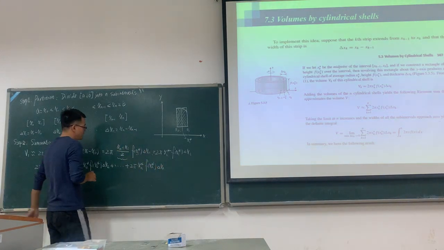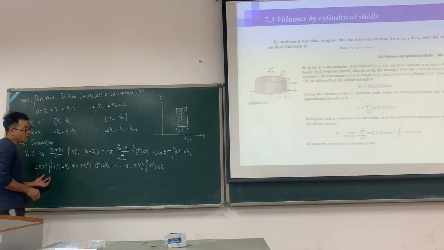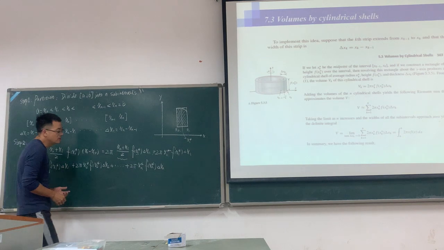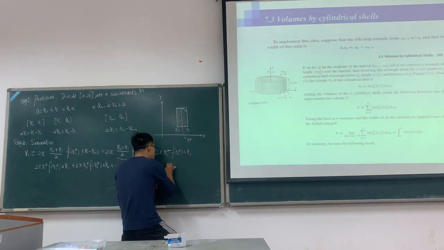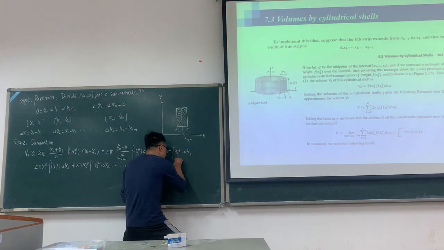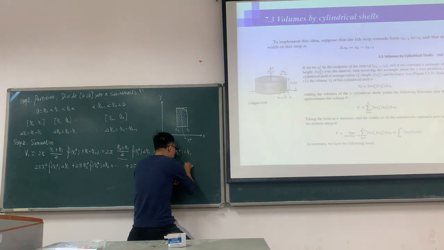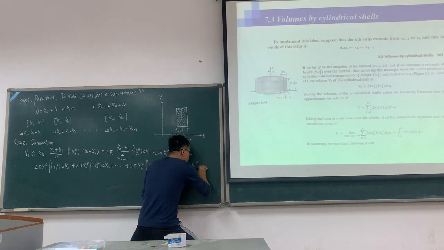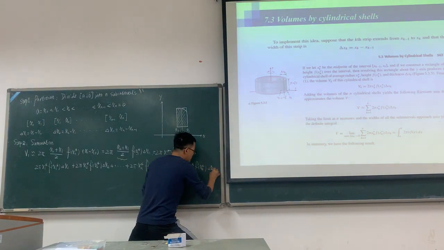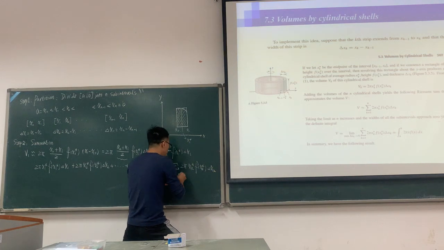So here we can write it in summation sign: the summation of 2 pi xk* times f(xk*) times delta xk, where k runs from 1 to n.